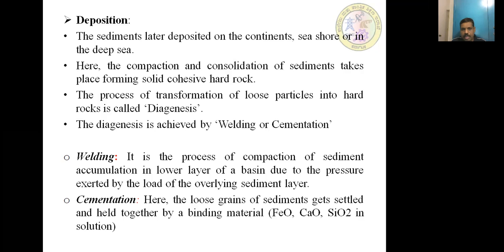Welding is the process of compaction of sediment accumulation in the lower layer of a basin due to the pressure exerted by the load of the overlying sediment layer. Cementation means the loose grains of sediments get settled and held together by binding material, iron oxide and silicate, and also calcareous material.